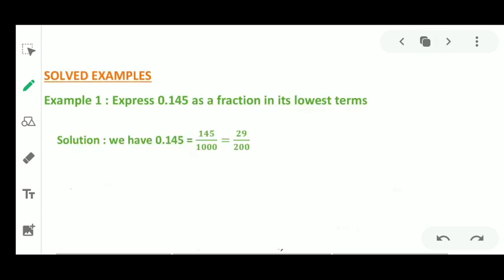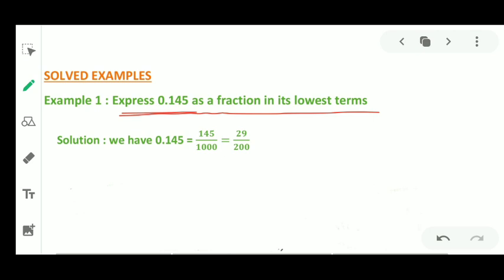Now look at some solved examples from your books. Example 1. Express 0.145 as a fraction in its lowest terms. Here you have to write.